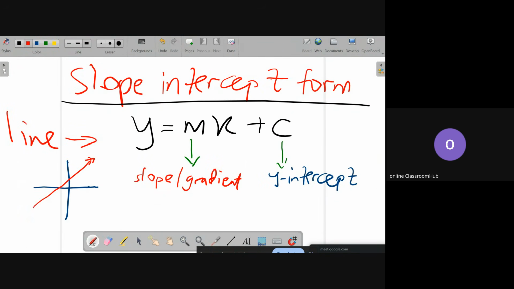Now, if the slope is negative, the line points downwards.